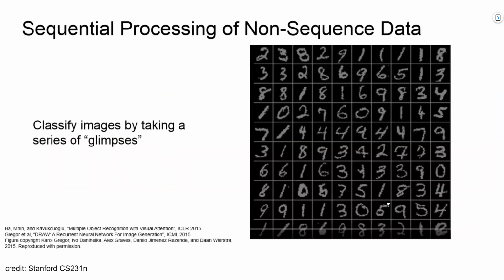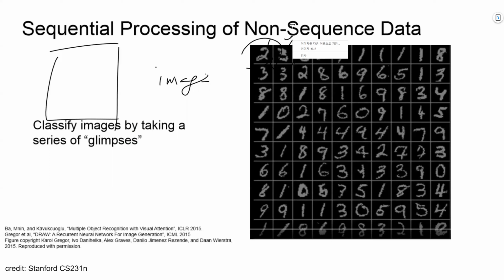Another thing is, you can sequentially process non-sequential data. For example, an image itself is not sequential at all. However, you can process images. Let's say this is just one image. You start from this position and move to the next position like this, and the next.